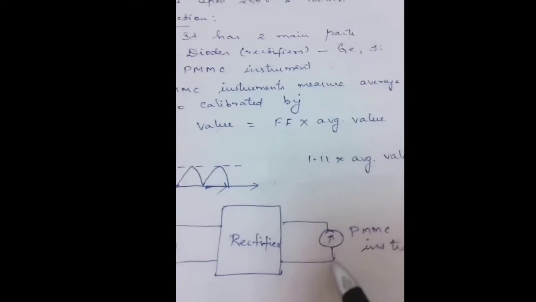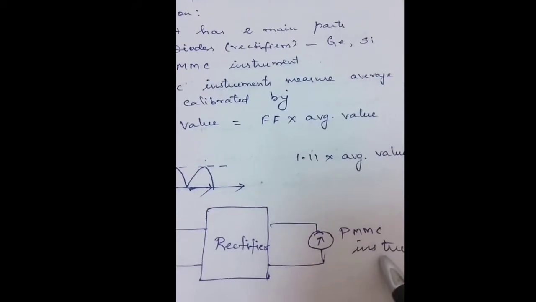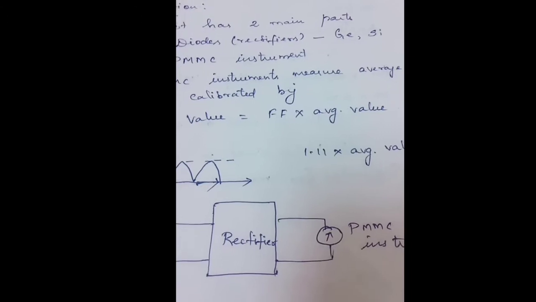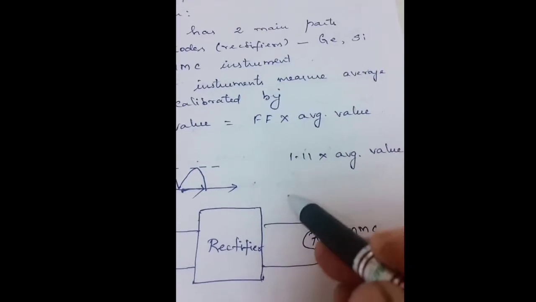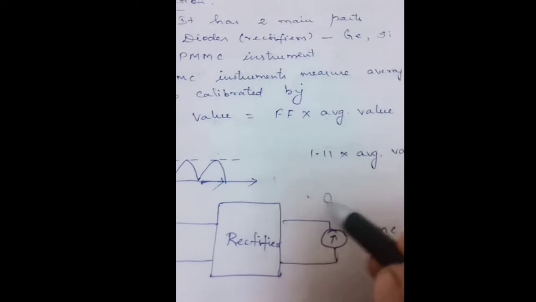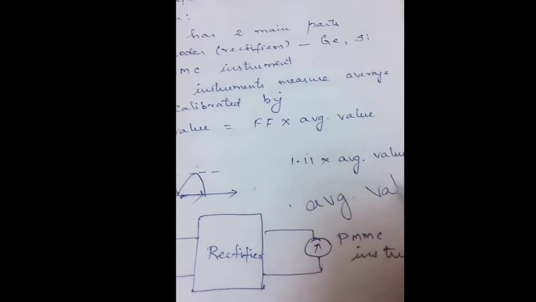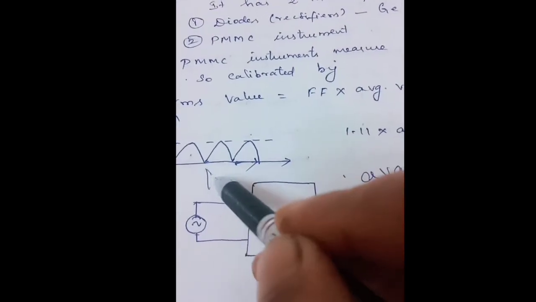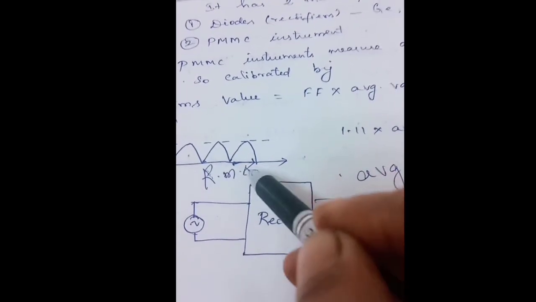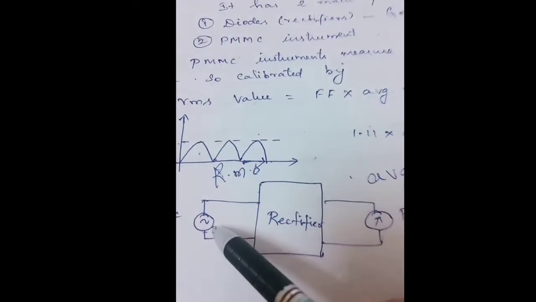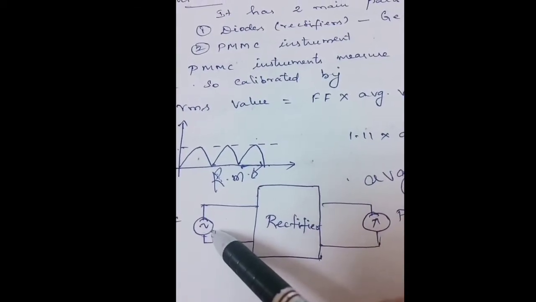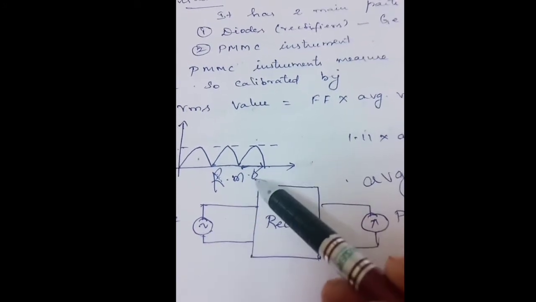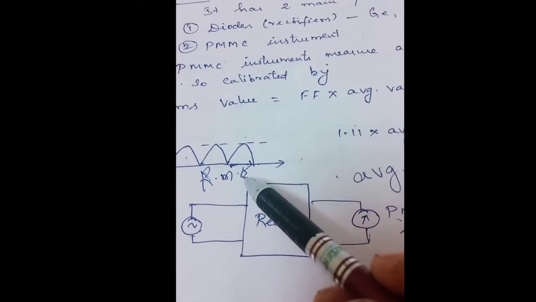But since here we use a PMMC instrument, it can record only the average values. That is, a PMMC instrument responds to average values of any current or voltage. But since the input here is AC, we need RMS quantity measurement. Whenever we use an AC source, we need to measure the RMS values of currents and voltages.